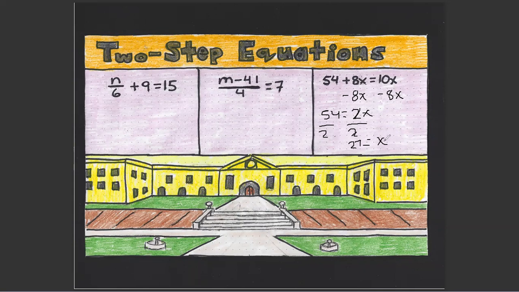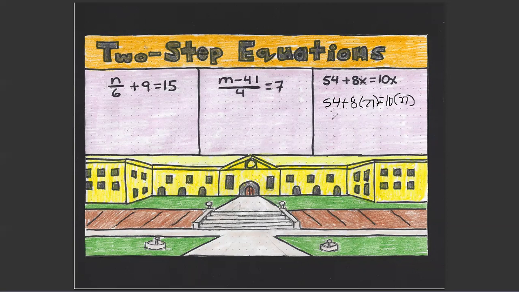All right, and we feel pretty confident about that answer. But again, it's always good to get into the habit of checking to see if your answer actually works. That's what we're going to do right now. So we're going to plug in 27 wherever we see an x. And so we have 8 times 27 plus 54 is equal to 10 times 27.